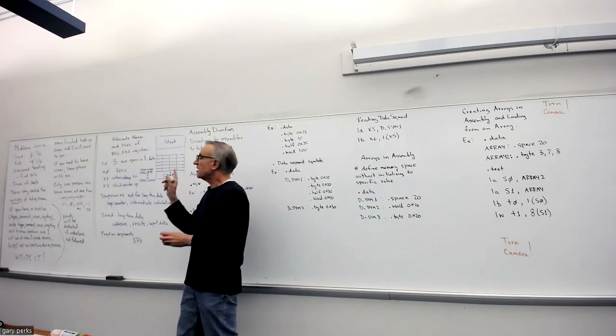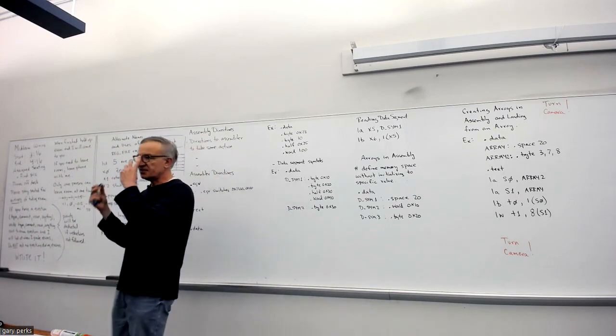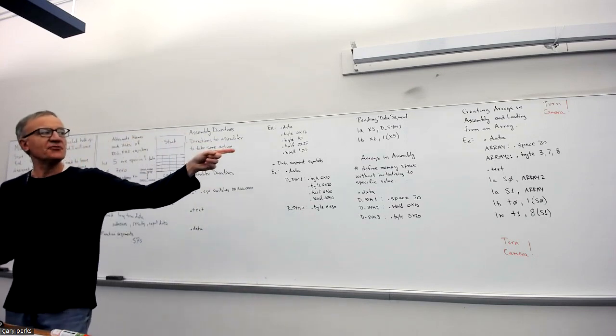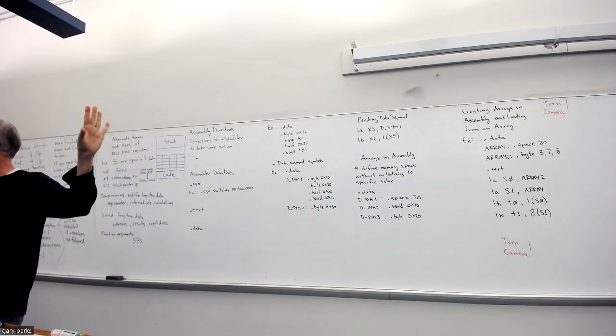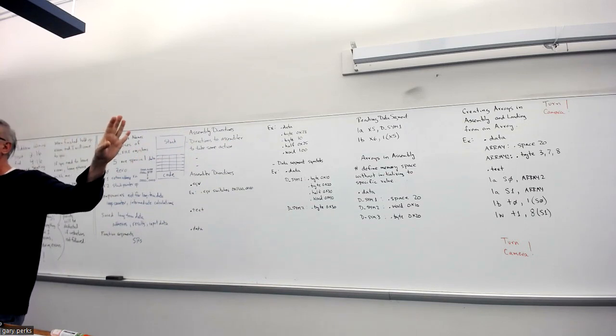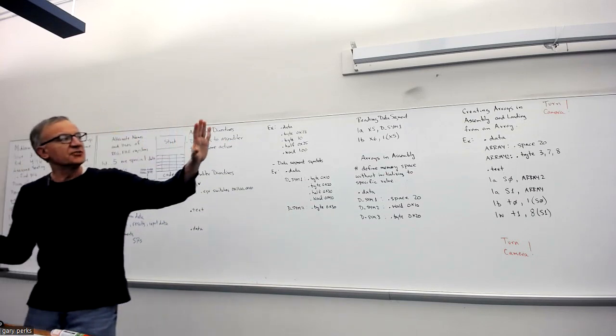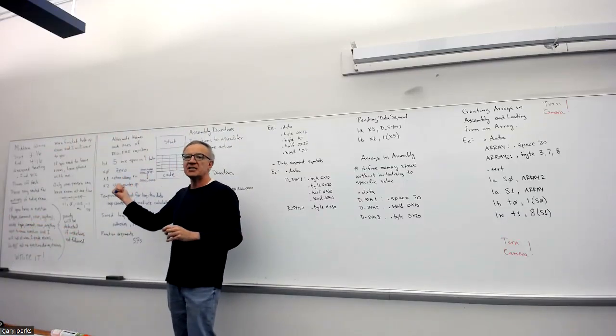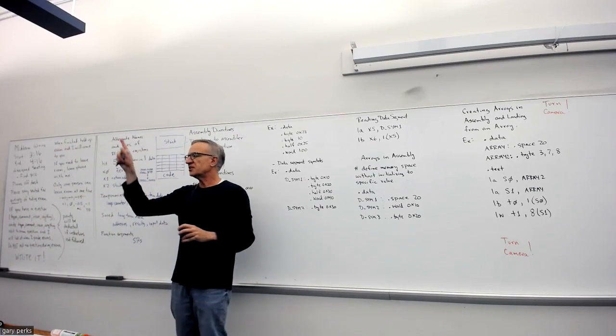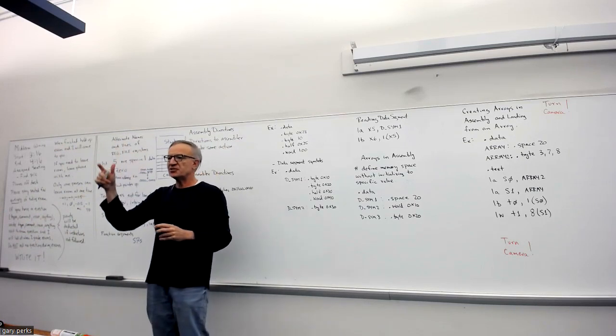Now, the reason I bring this up at this point is because for software number 5, that assignment, when I'm done here, you'll have enough information to do that assignment. For software number 5, we want you to use the alternative names. So no more using X with a number like you have been doing.